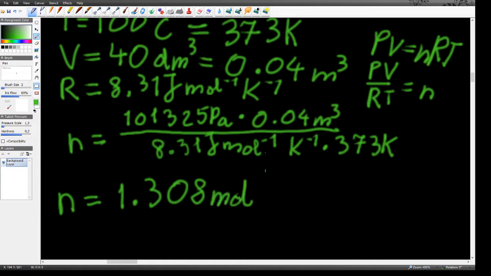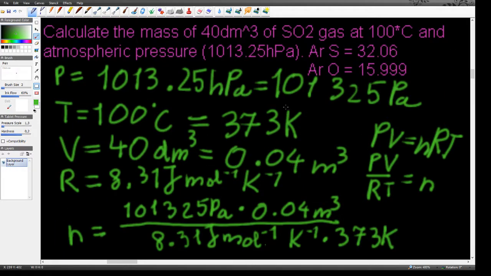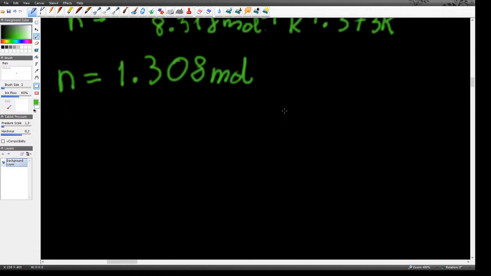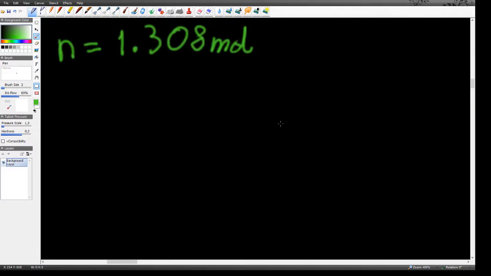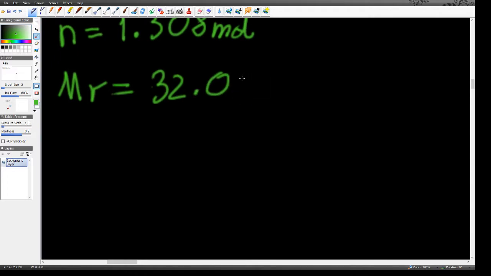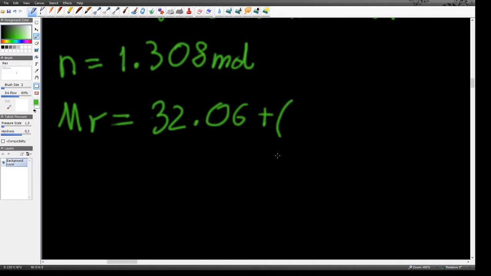But here's the question. The question says, calculate the mass of sulfur dioxide, right? Not the moles. So we've got to get a mass. And the question specifically tells us the Ar of sulfur and of oxygen. So we know the Ar of sulfur is 32.06, and we know the Ar of oxygen is 15.999.